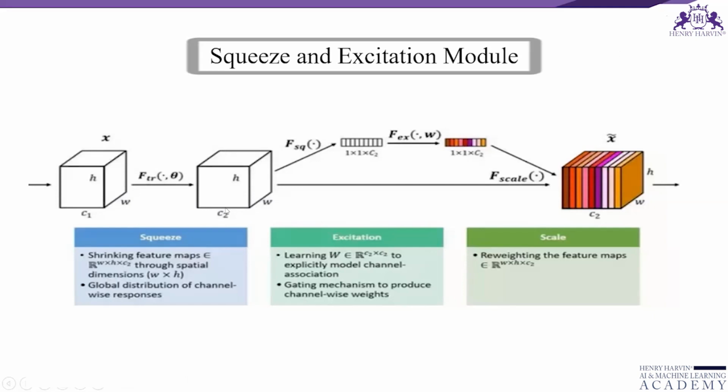So this is the squeeze part, and this is the excitation part, C1 to C2. Then using these weights, each channel of this C2 volume is multiplied with the feature map.